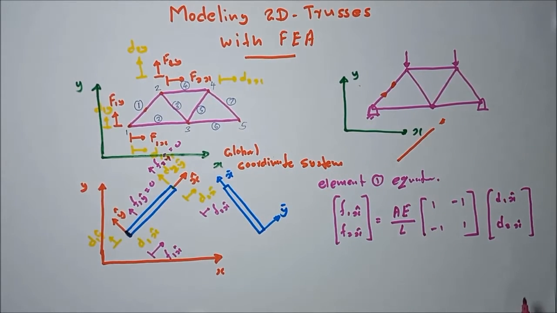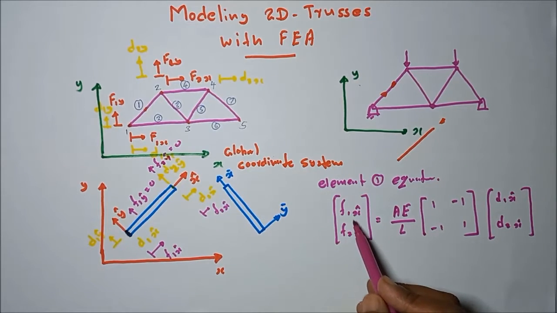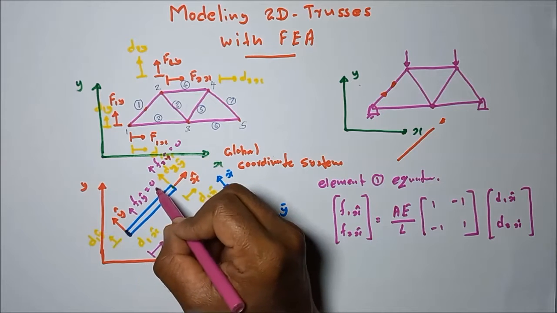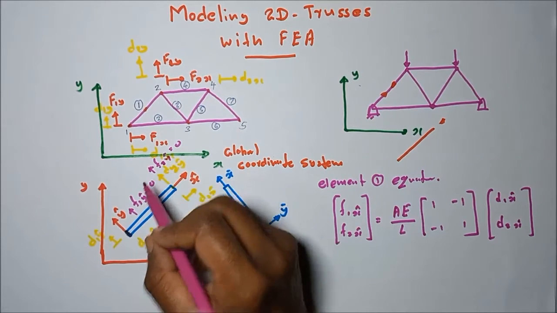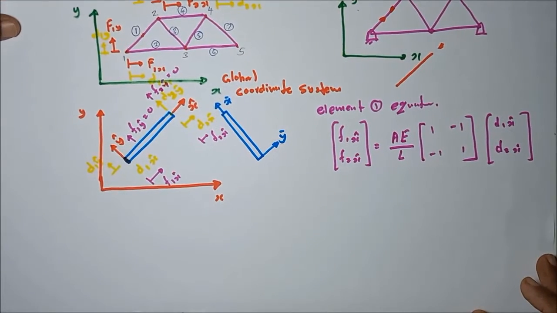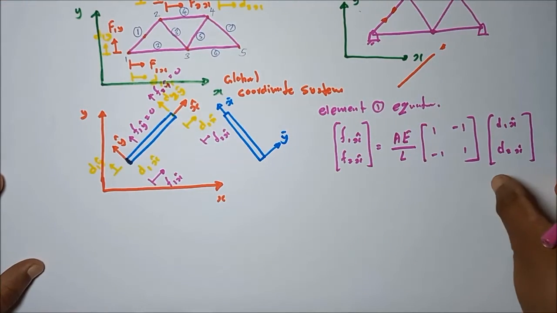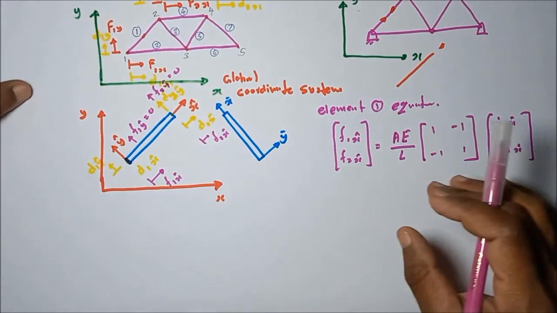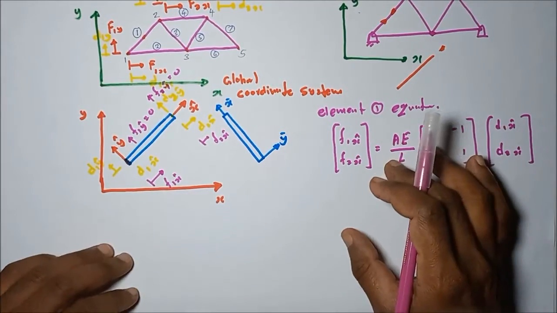Okay, then these are the nodal forces, but in here you can see the f1 y hat and f2 y hat should equal 0, because this is the trusses structure. In a trusses structure, all the forces are acting along the bar element. So those are equal to 0. Anyhow, I am going to include these forces in this equation.